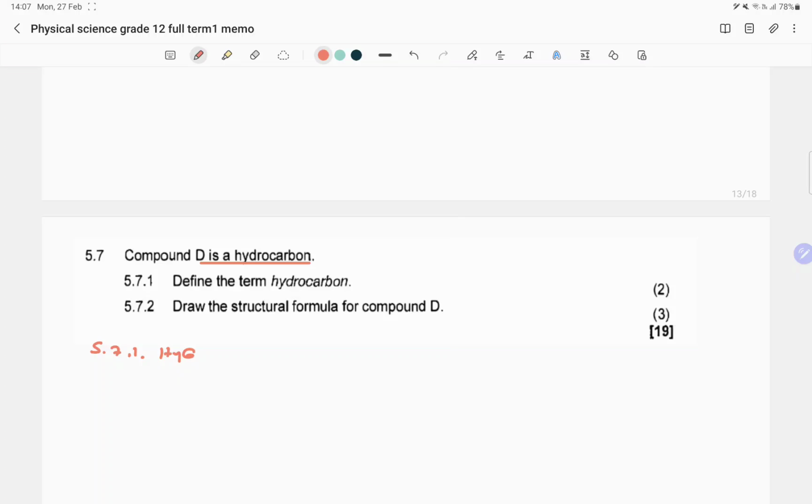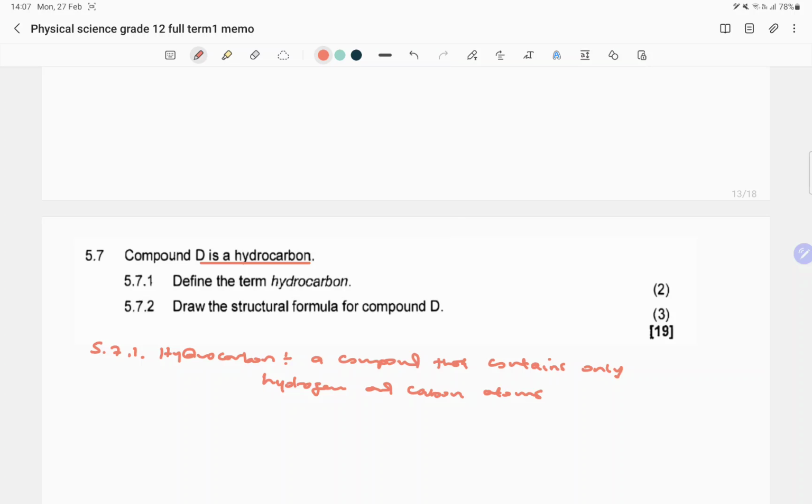A hydrocarbon is defined as a compound that contains only hydrogen and carbon atoms.